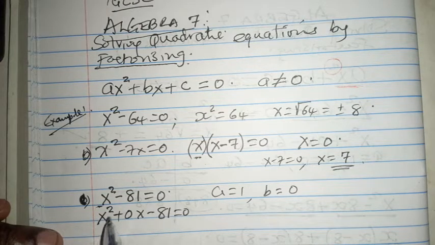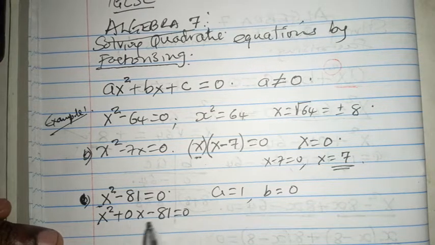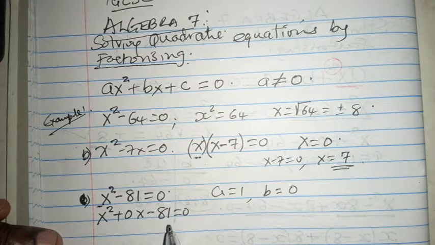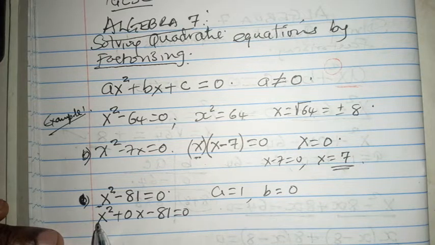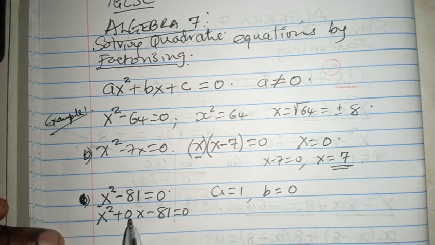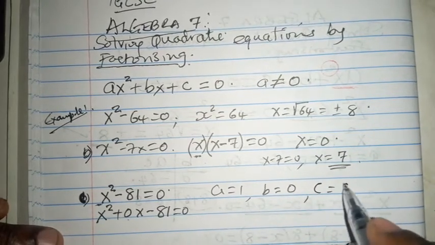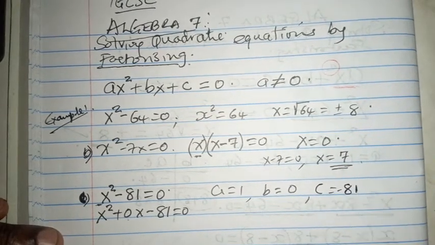We write x squared plus 0x minus 81 is equal to 0. So in such a situation, you find that a is 1, b itself is 0, and c is negative 81.